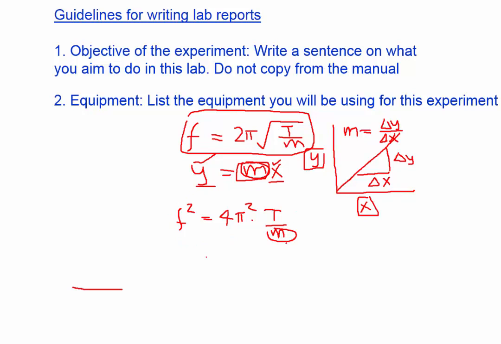So, how is this equation written in the y equal to mx form? We have it already in that form. So, we got f squared equal to 4 pi squared divided by m times T. Now, if you look at this equation, f squared is in the place of y and T is in the place of x.